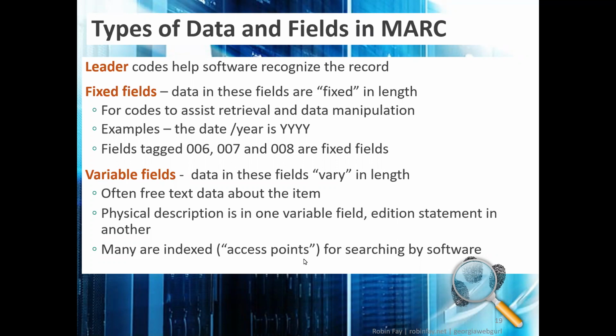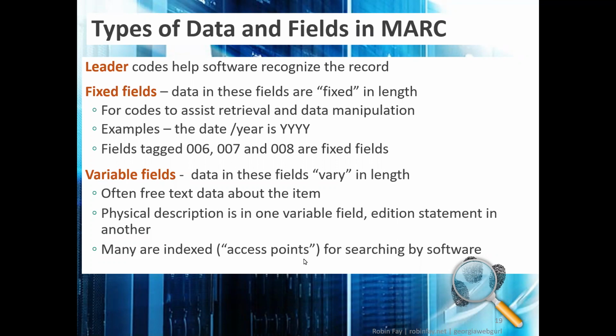Variable fields. This is really the heart or the guts of the bibliographic record. So for those of you who are copy cataloging, this is where you're spending most of your time. The data in these fields vary in length, which means that field may be longer from one record to another. So for example, in the fixed field areas, the year is always 4 digits, YYYY.